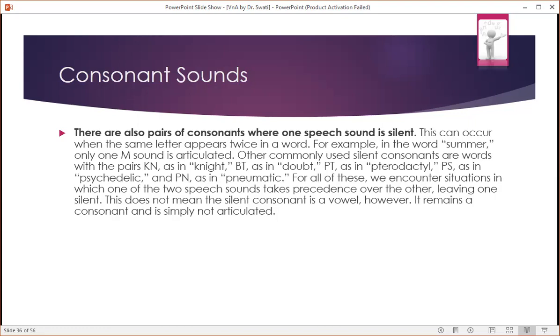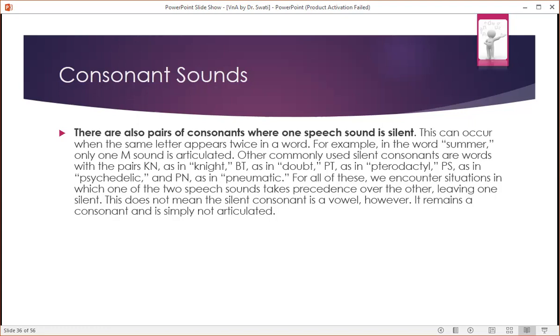Similarly, you can see other pairs like KN. KN in knit is not pronounced as k-nit, we are pronouncing it as nit. Right? BT in doubt is pronounced as doubt, so B is silent in this. PT in pterodactyl, P is silent in this.